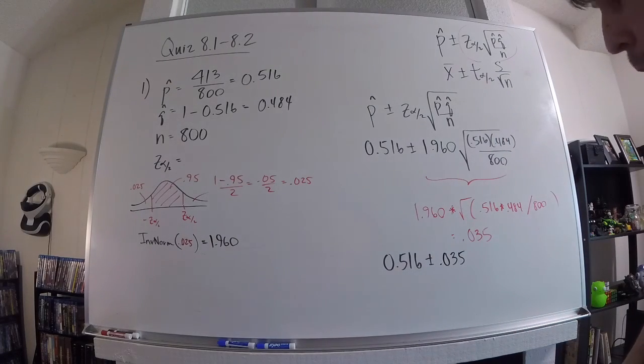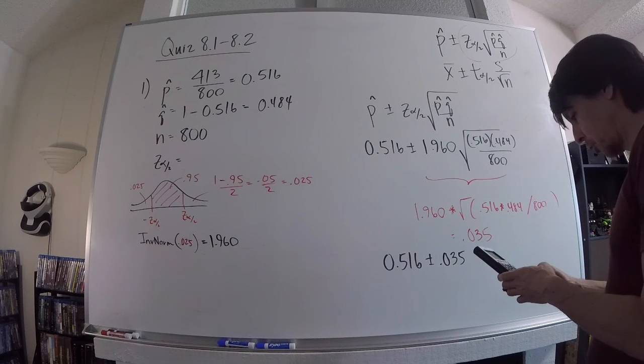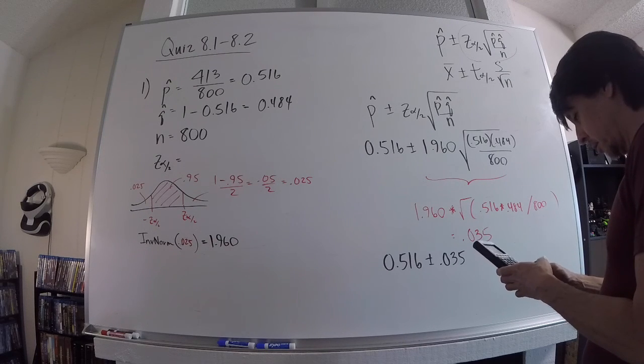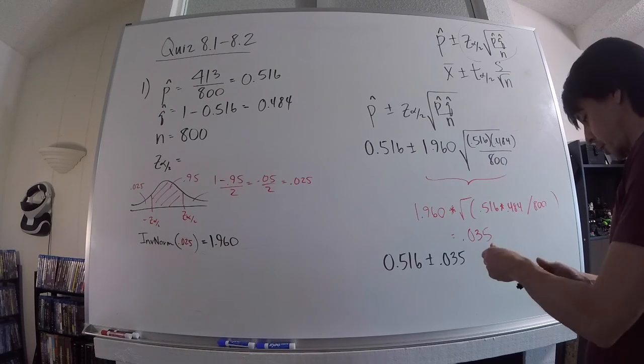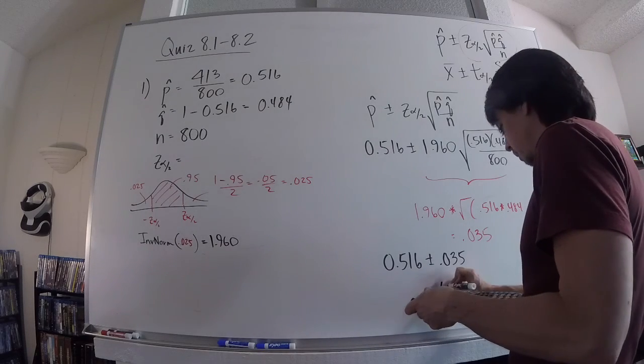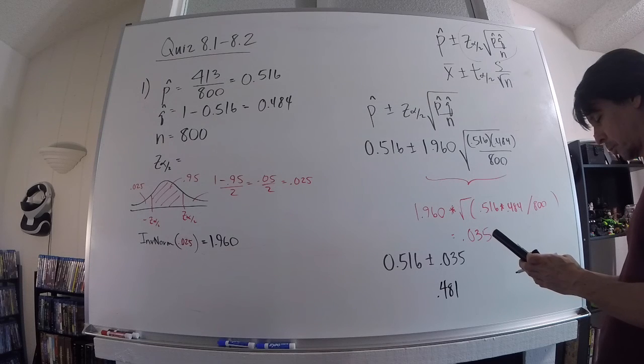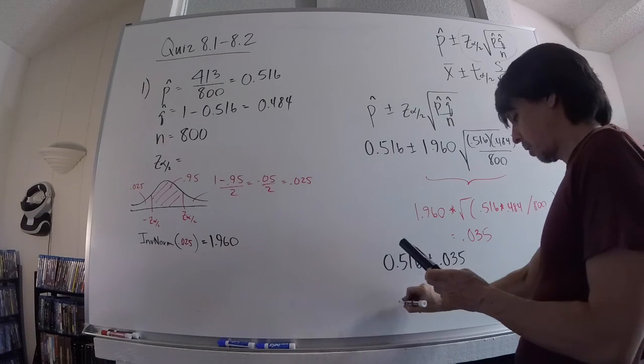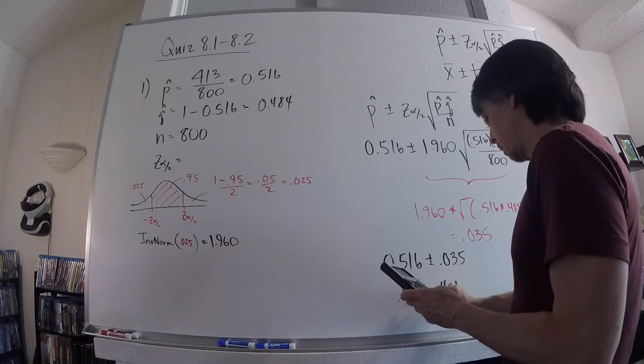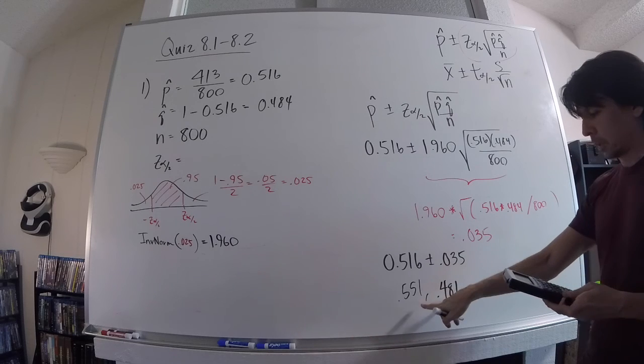And I'll just get my boundaries by subtracting and adding. 481. When I subtract 0.035, 551, and note that that's the wrong order. Make sure this is in the correct order.